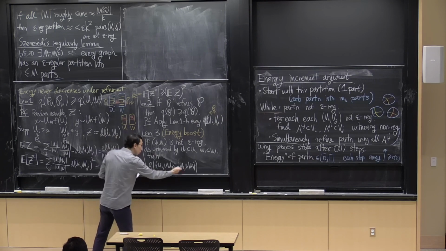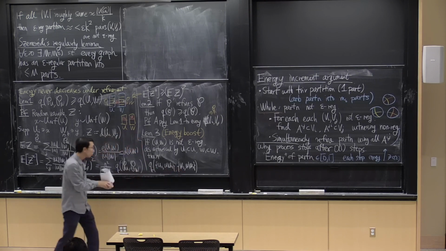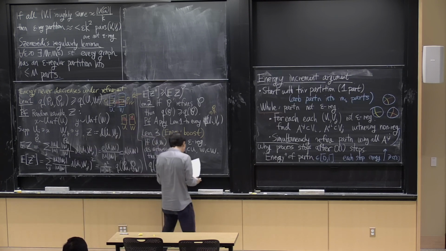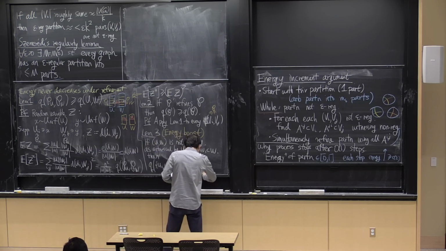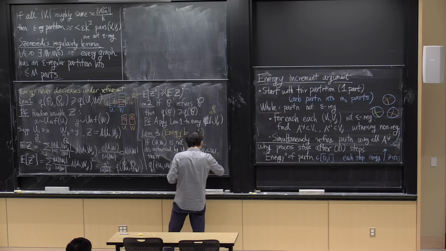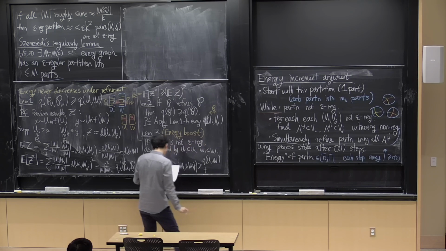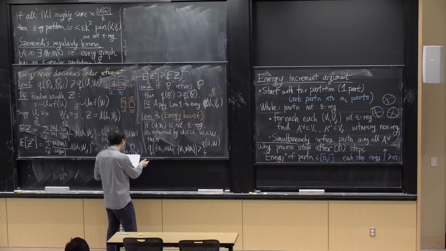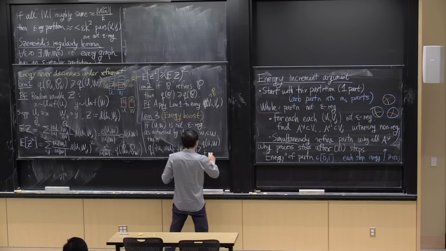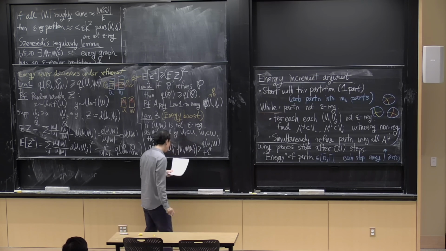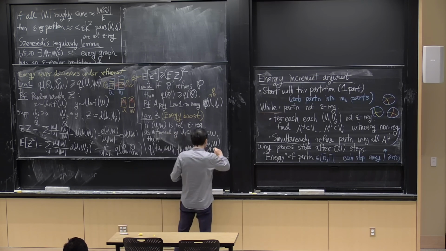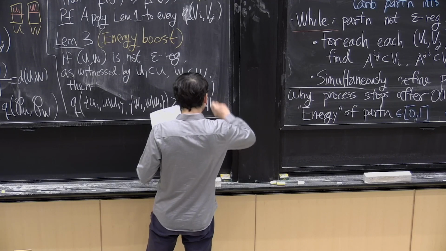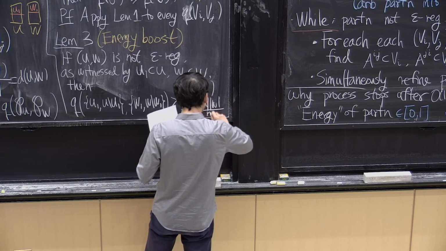So this energy between this partition into two on both sides is bigger than the original energy plus something where we can gain. Right? And this something where we can gain turns out to be at least epsilon raised to the power 4 times size of U, size of W, divided by n squared.